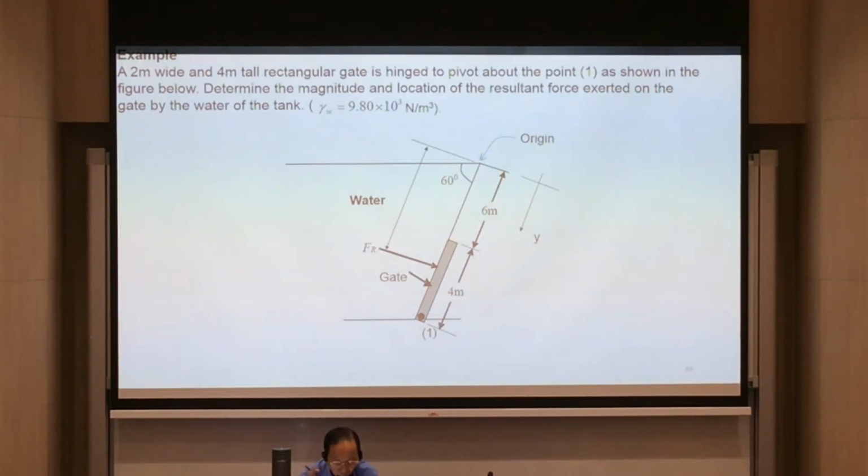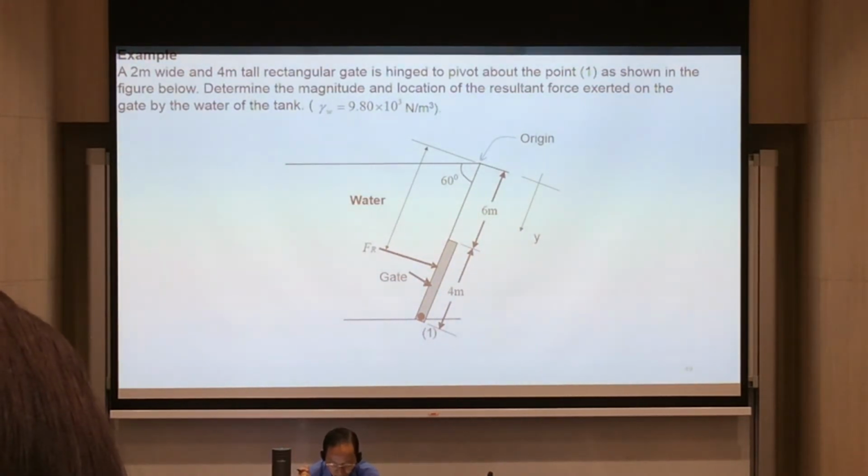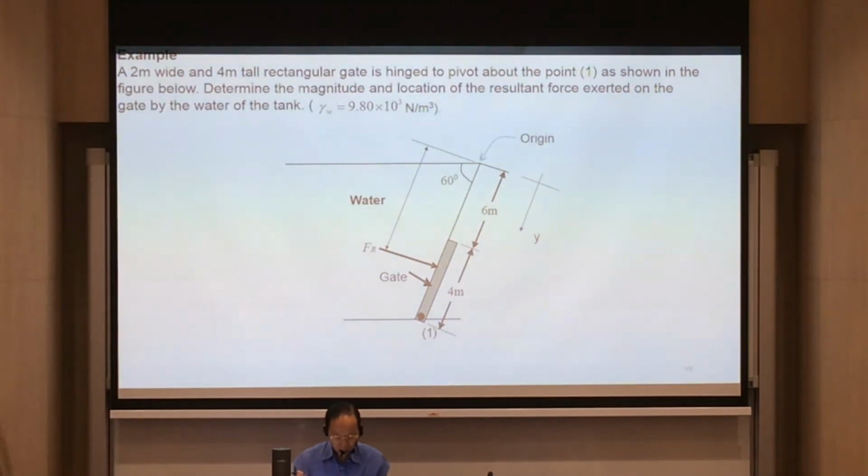So the gate width is 2 meters and its height is 4 meters. And the distance of the top corner of the gate from the water level is 6 meters.